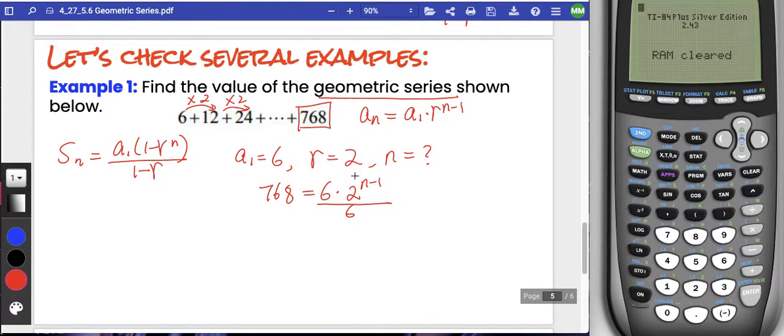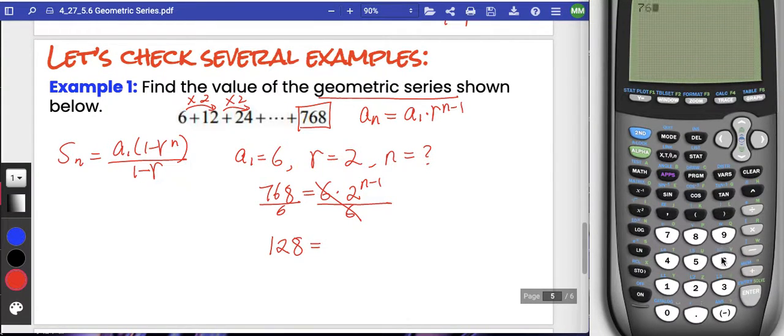First, to isolate this part, we divide by 6, cancel it, and then we can use mental math to figure out the answer. In this case, it is going to be 128. You can also use the calculator to double check: 768 divided by 6 equals 2 to the n minus 1 power.